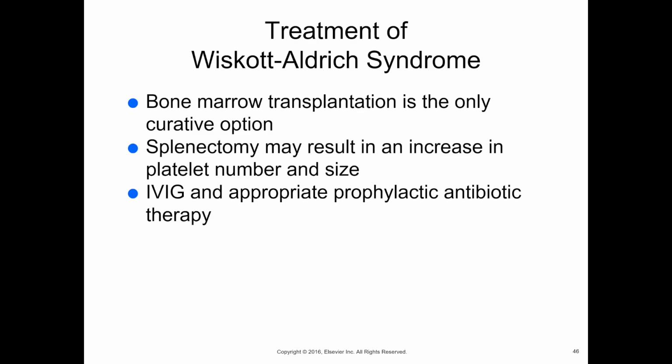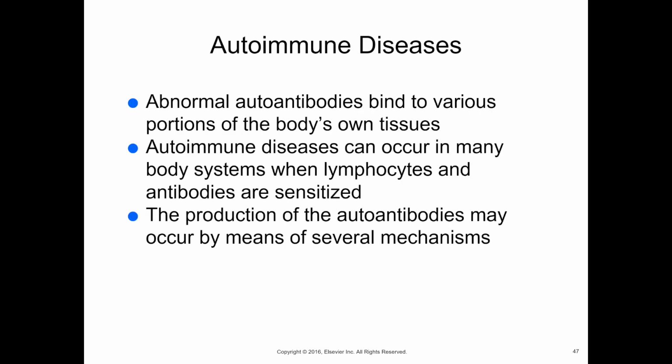Typically, people with this condition have a median survival of only 25 years, but those that don't receive bone marrow transplants or splenectomies tend to die within 5, which is very bad. We also see IVIG and prophylactic antibiotics.